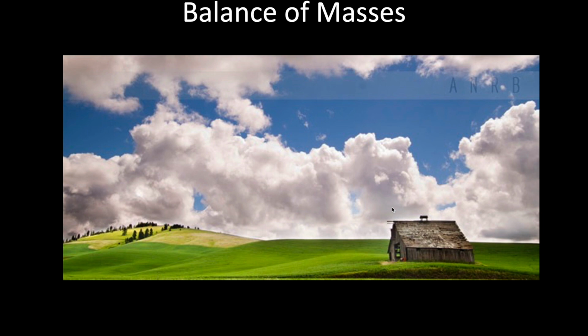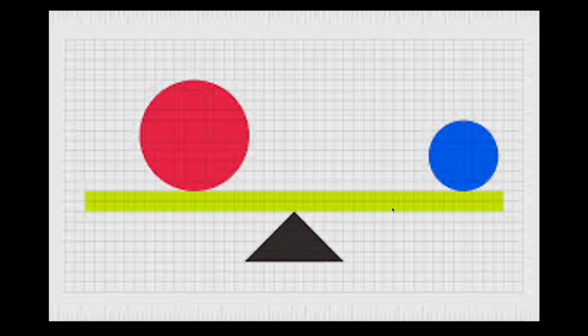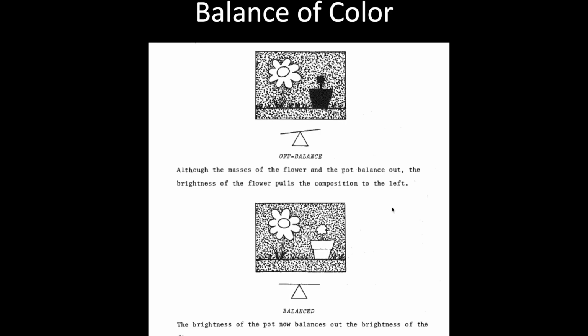So here we have a barn and a mountain. Now here we have just one element, so this does not balance out, just one single desk. But here, once again, the object may be bigger than the object on the other side, but they balance out.